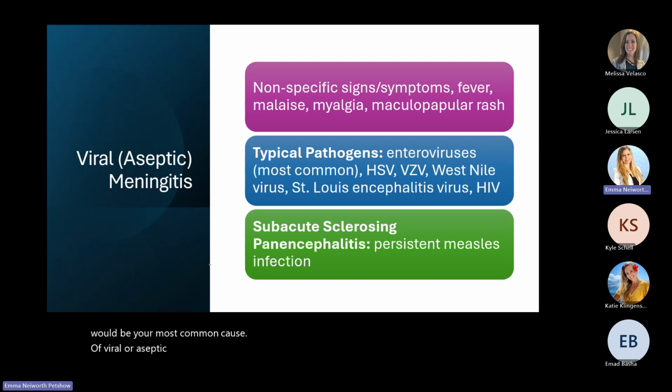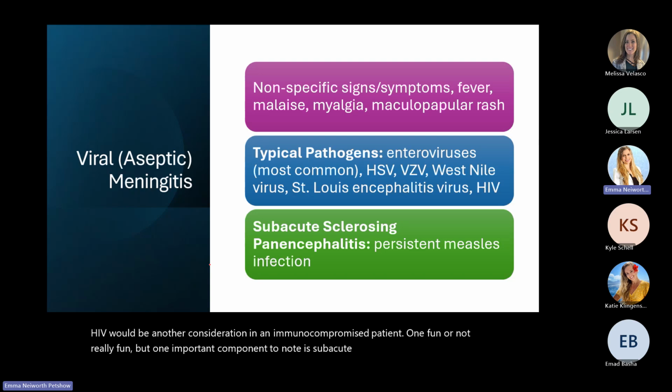HIV would be another consideration in an immunocompromised patient. One important component to note is subacute sclerosing panencephalitis. This is high yield. It's due to persistent measles infection in the central nervous system with a rapid progressive neurologic decline.